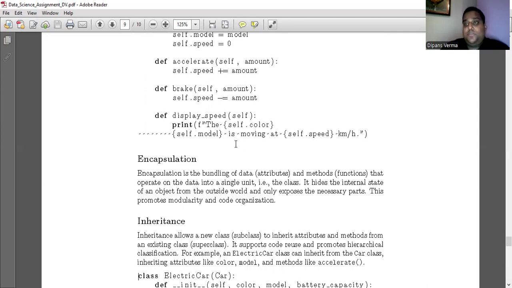Now come to the most important point, the encapsulation part. I just want to introduce it a little bit here. Encapsulation is the bundling of data attributes and methods, the functions that operate on the data, into a single unit, that is a class. It hides the internal state of an object from the outside world and only exposes the necessary part. This promotes modularity and code organization.